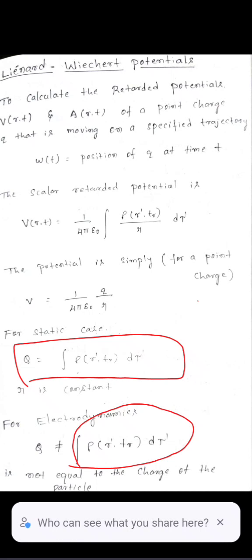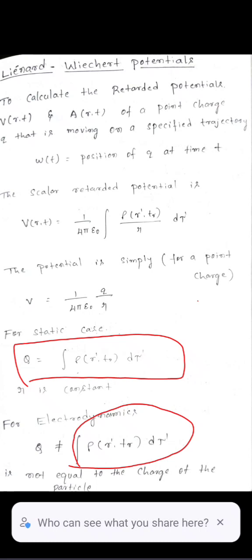So we don't get the proper value of the integral. The integral is calculated at a distorted time because of the movement of the charge. This happens for a number of charges present in some volume.